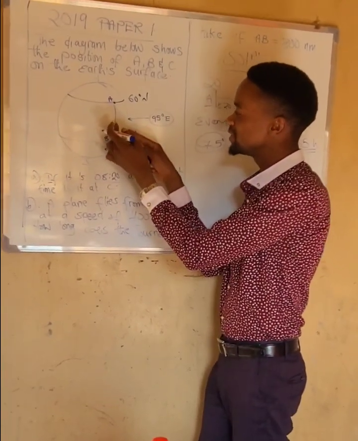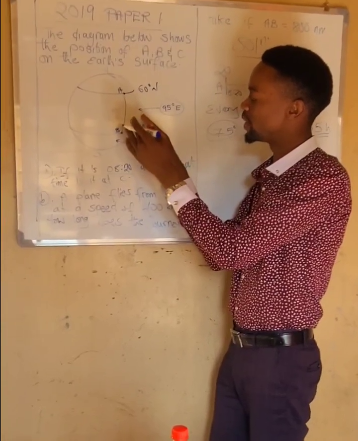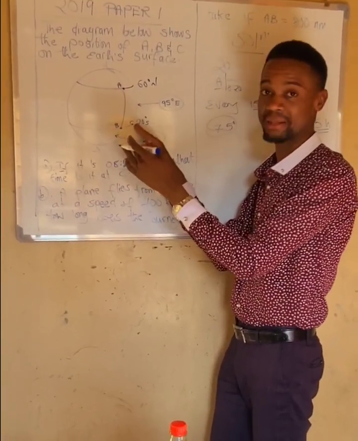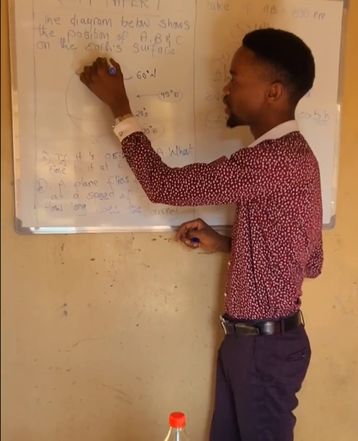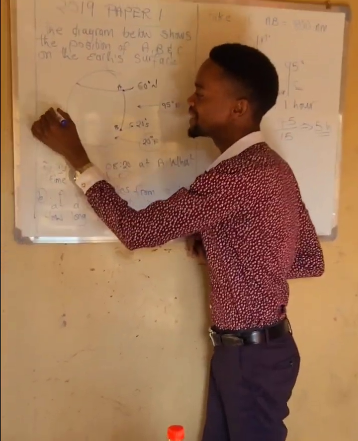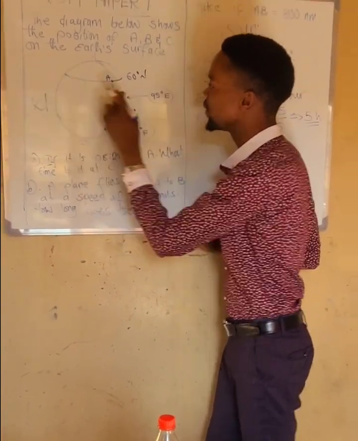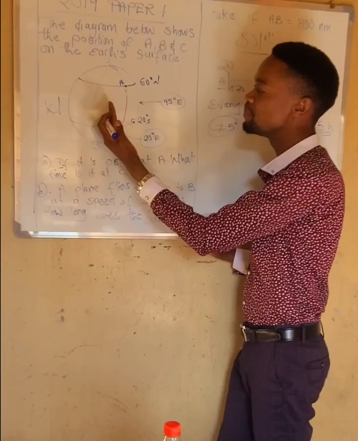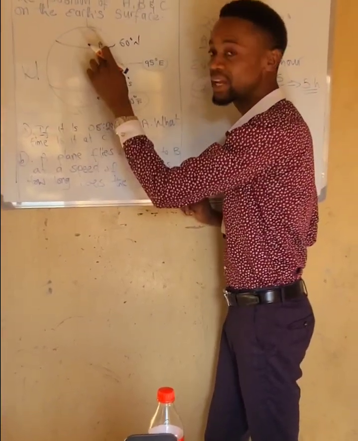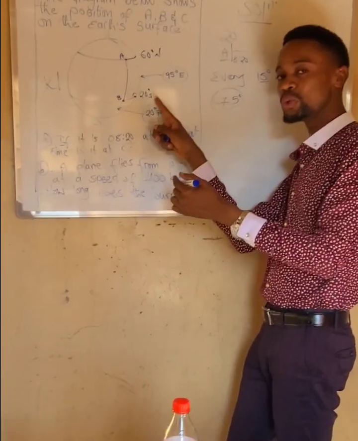So A is a bit further from the east side compared to C. Because if we have the great circle right here, you'd agree with me that this is the west side. So A is closer to west than C, and C is a bit further from west than A. Therefore, we are moving from A going to C.